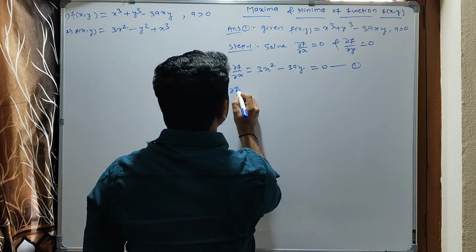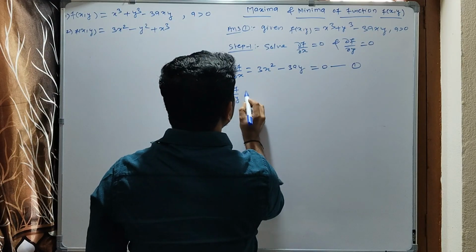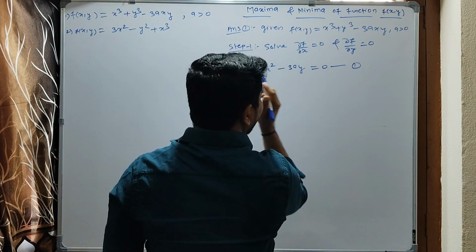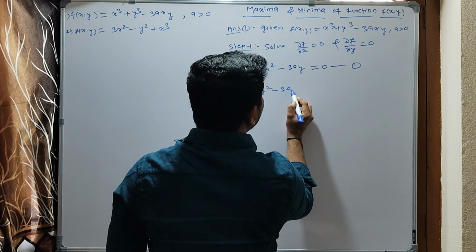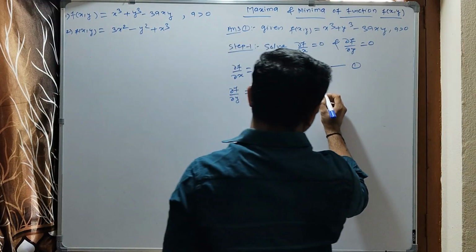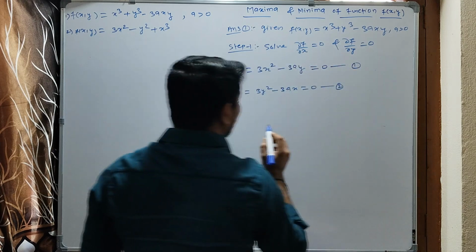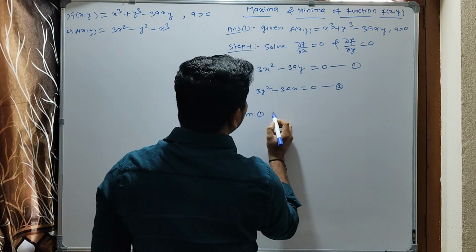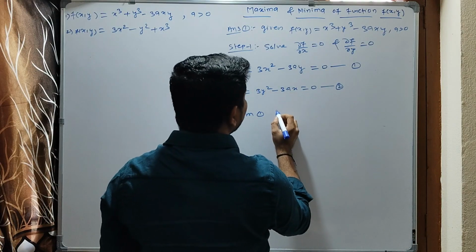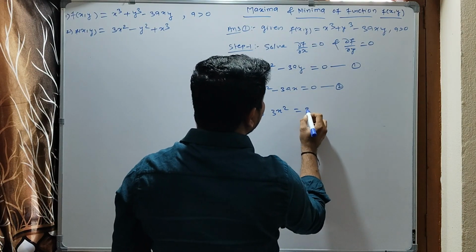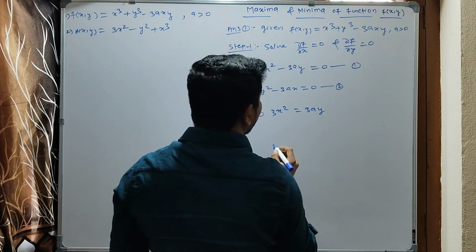Now I want to solve dou f by dou y, which is equal to 3y square minus 3ax, which is equal to 0. This is my equation number 2. So from equation 1 I can write 3x square equal to 3ay.